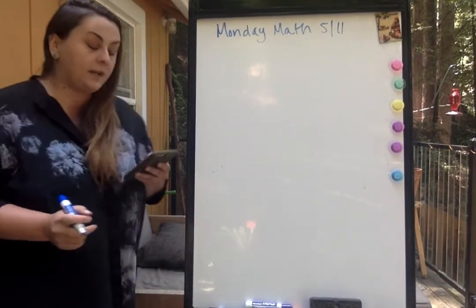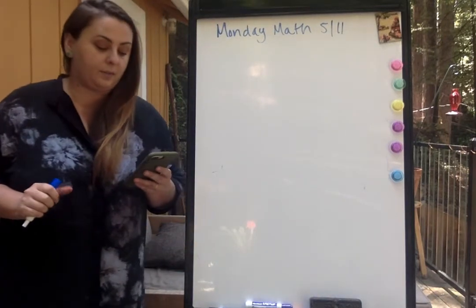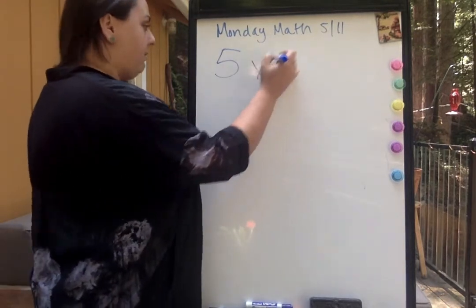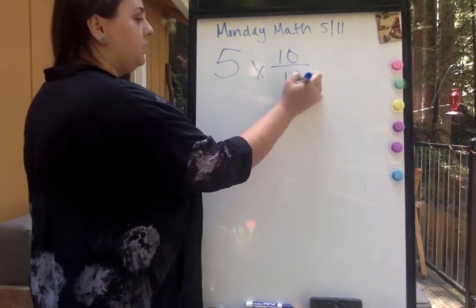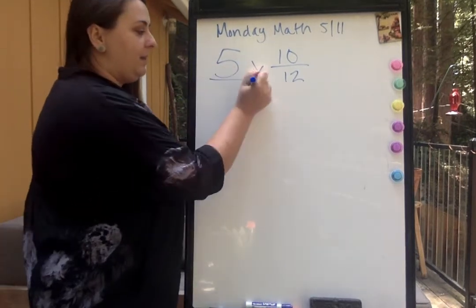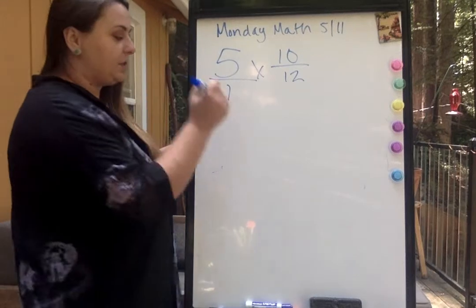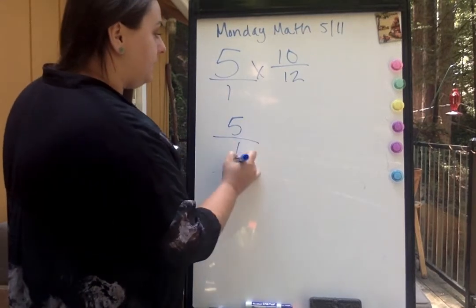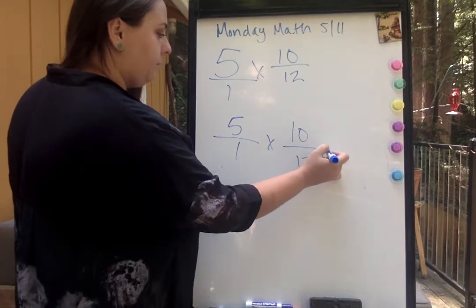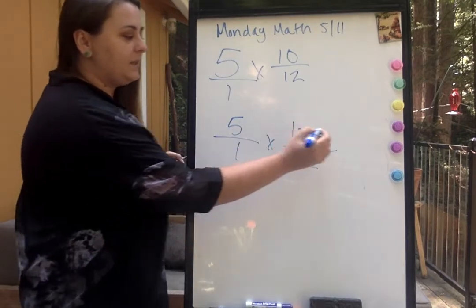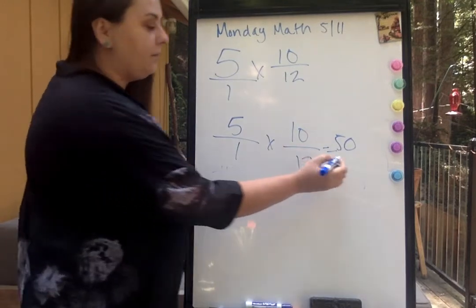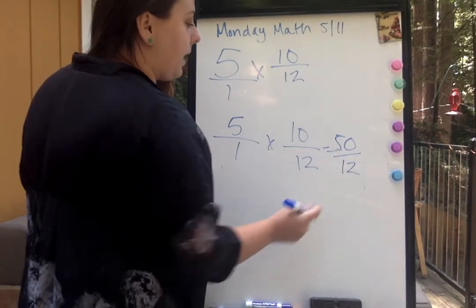Okay, find the product. When we hear product, that's our big clue about multiplication. So it's big 5, whole 5 times 10 twelfths. Okay? Let's rewrite this as a fraction, and then I'm just going to rewrite the whole thing so it's nice and neat. 5 times 10 is 50. 1 times 12 is 12.